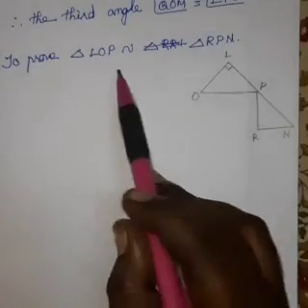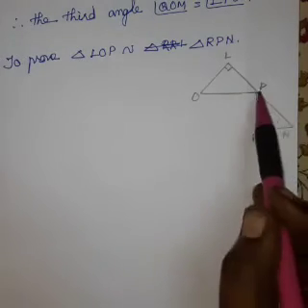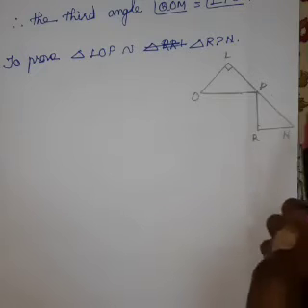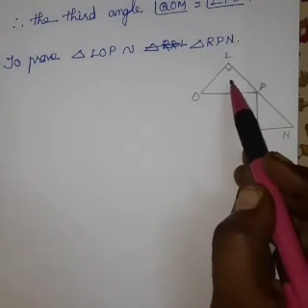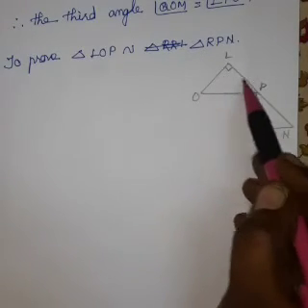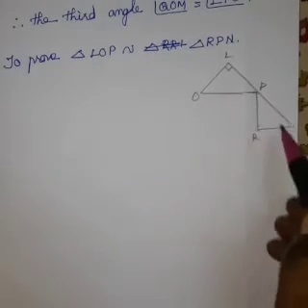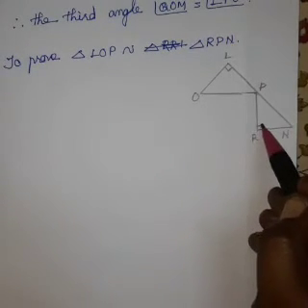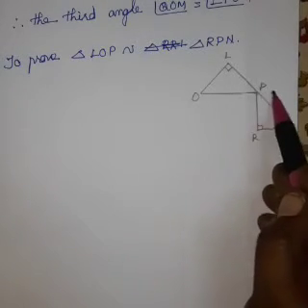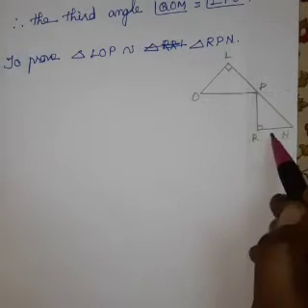Now you can see triangle LOP and triangle RPN. Here P is the common vertex, so we can draw this diagram continuously. From the second equation we know OLP equal to 90 degrees. From the first equation we know PRN equal to 90 degrees. Now these two are 90. Then we can use the same corresponding rule, corresponding angles, since the lines are parallel.